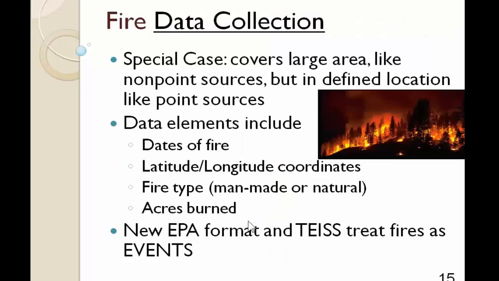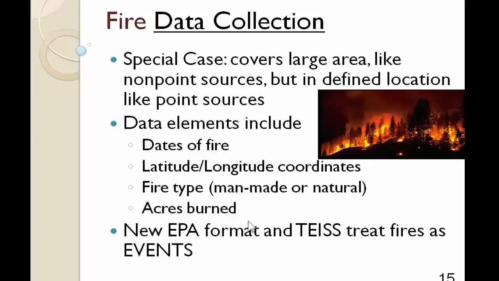Fires are a special case. They cover a large land area like a non-point source, but they have a defined location like a point source. The important elements of data for fires are the dates, the coordinates, where it is located, and then its impact over what non-point area, the fire type, and the acres burned.